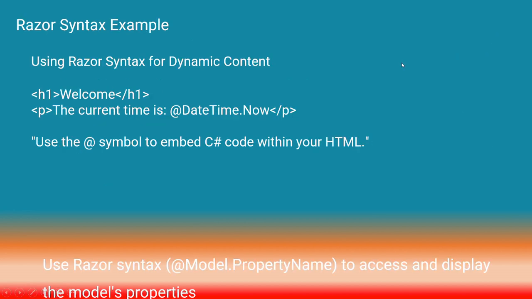Let us create a Razor view file for our application. We will create an index.cshtml view to display the home page of our website. In Visual Studio, right-click inside the action method you want to create a view for, or click on the action method name and select Add View.